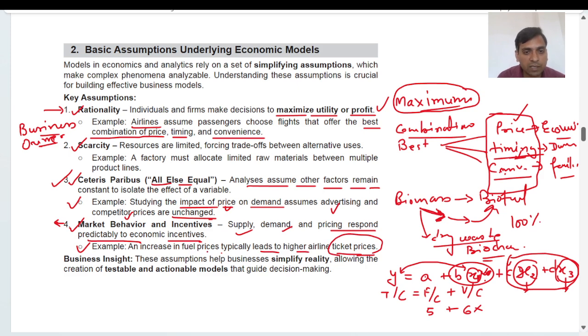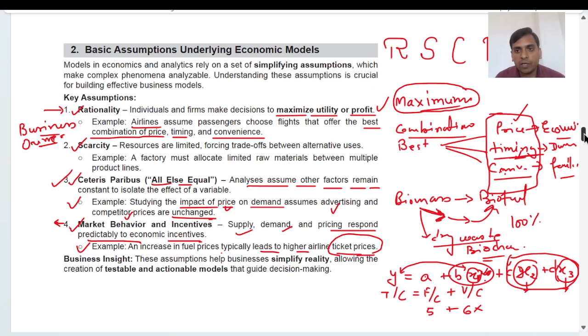When fuel prices increase, then the airline prices also increase. This is the concept. So in the basic assumptions of economic models, there are four things. First is rationality, second is scarcity, third is ceteris paribus, and fourth is market behavior. And market behavior totally depends on incentives, or we can say customer behavior, customer psychology also, right?